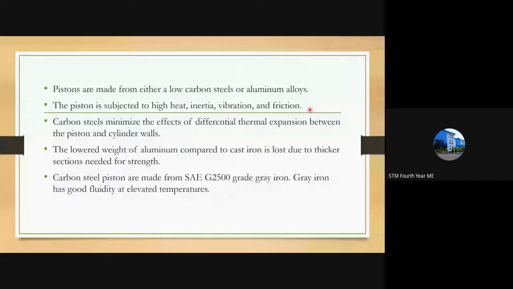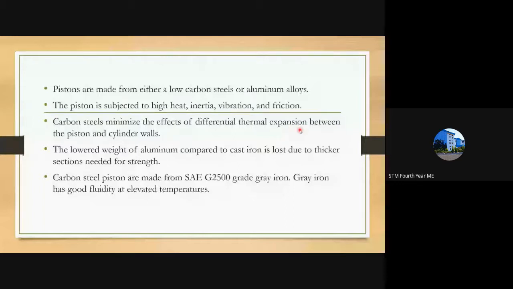We have seen in the video. Then carbon steels minimize the effects of differential thermal expansion. So I told you about thermal deformation, and there is another process called thermal expansion. What does thermal expansion mean? When an object is heated, its volume increases. There is a small increase in volume, which is known as thermal expansion.